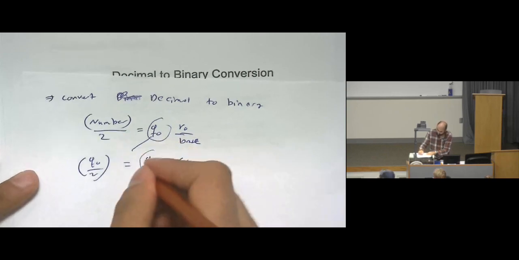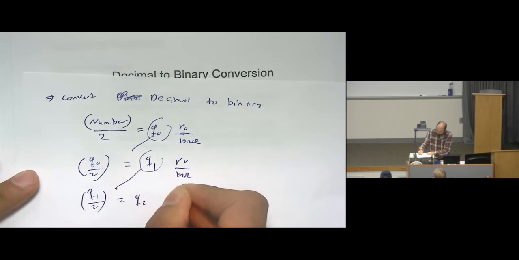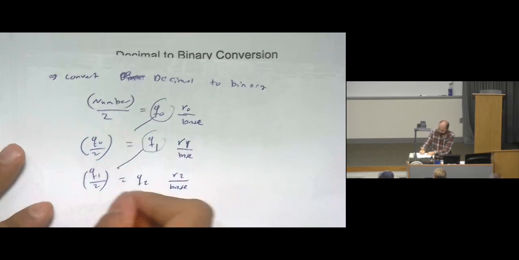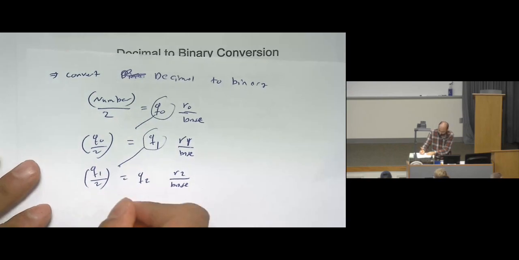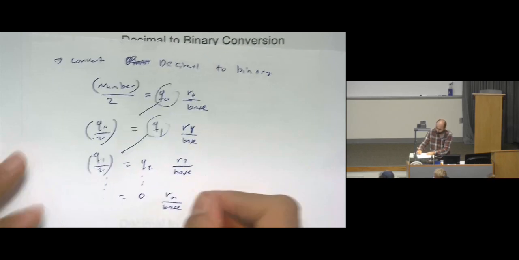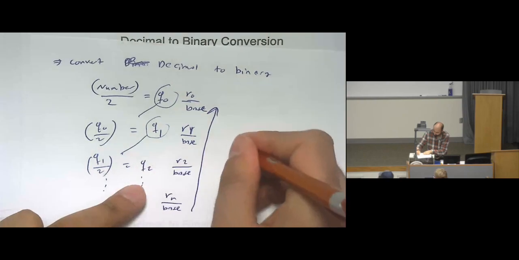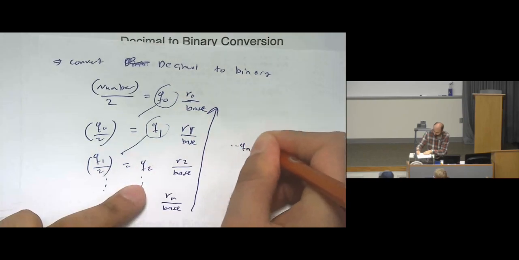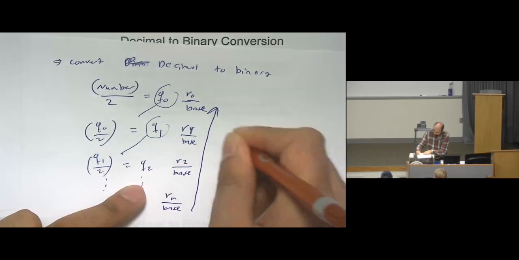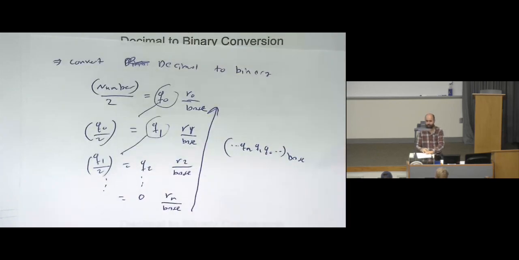Then keep going, quotient 1, quotient 2, remainder 2 over the base, until reaching a point where the quotient is 0. Then the number goes up. You will start from here, Q2, Q1, Q0, and so on, depending on your base. If it's base 2, base 8, or base 16.